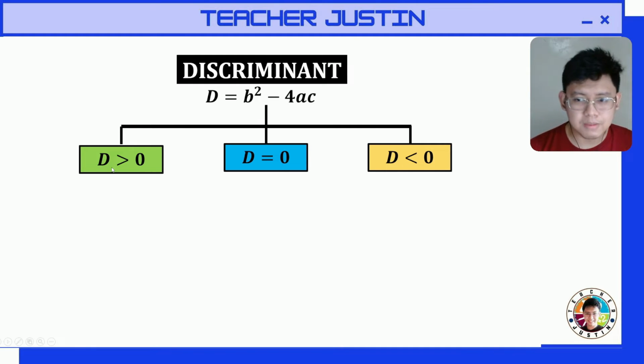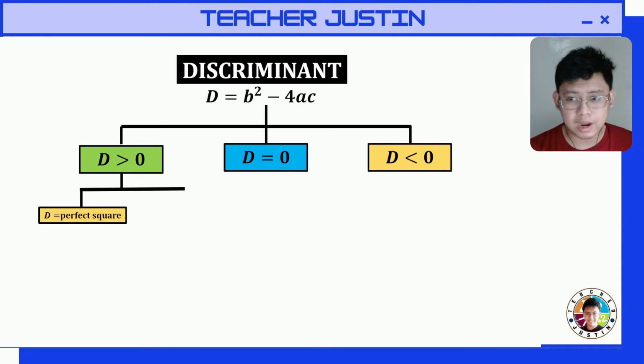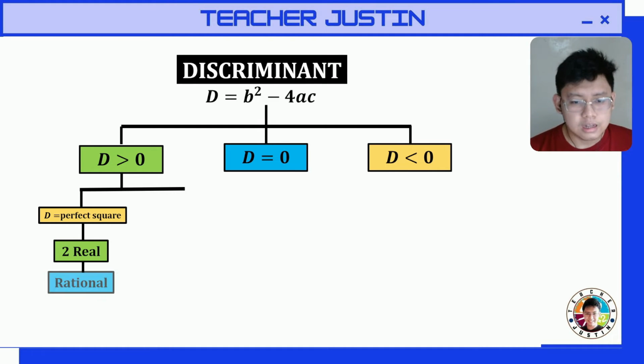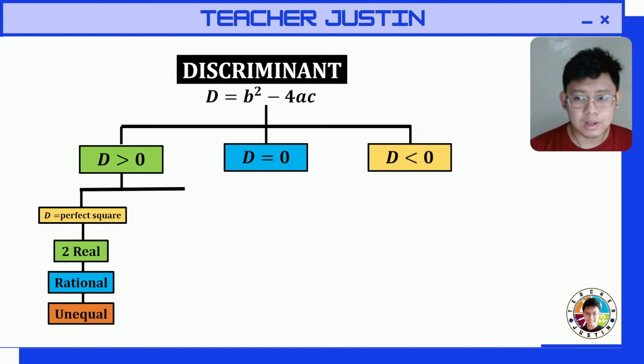So, kung ang discriminant natin ay positive, ang susunod nating step is to identify if it is perfect square. Pag perfect square yung ating discriminant, we will be expecting to have two real, rational, and unequal roots.